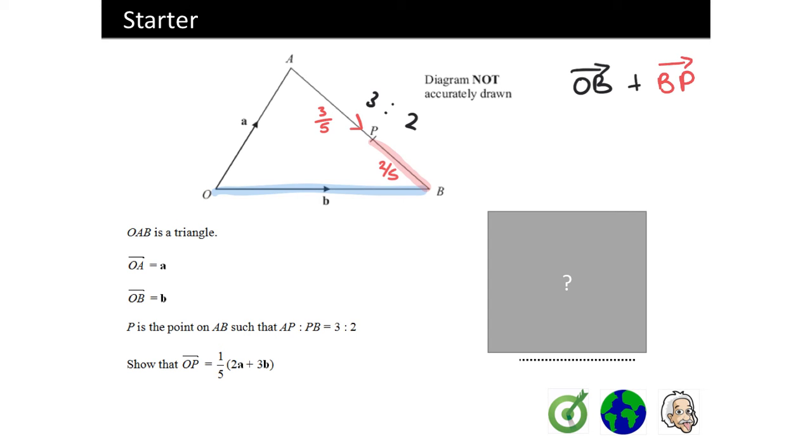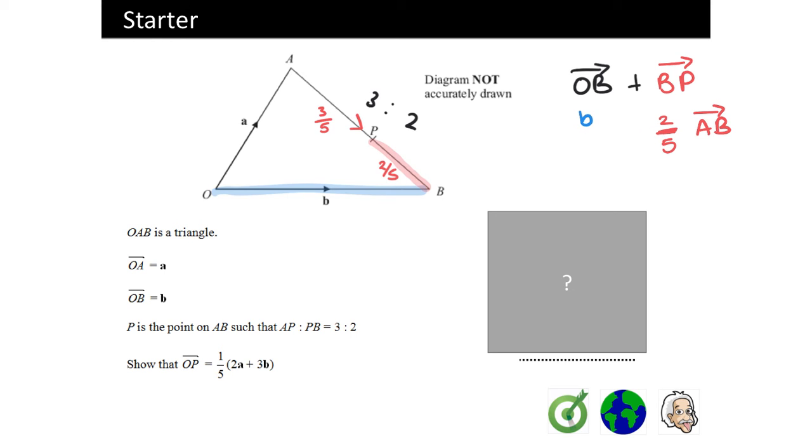What is O to B? We know that that's B. What is BP? Well, I know that is actually 2/5 of the line AB. However, it's going to be negative, isn't it? Because we're going the opposite direction, if I've said it this way.